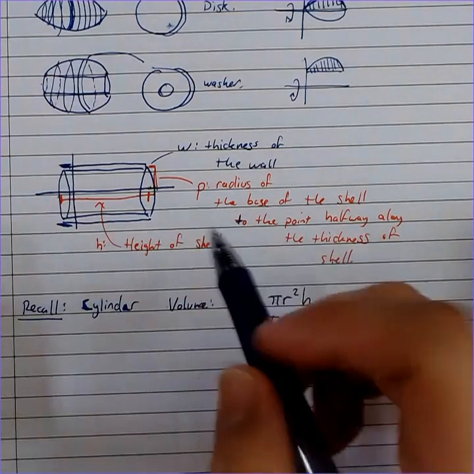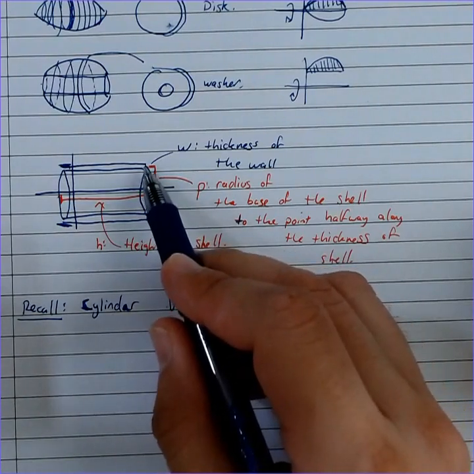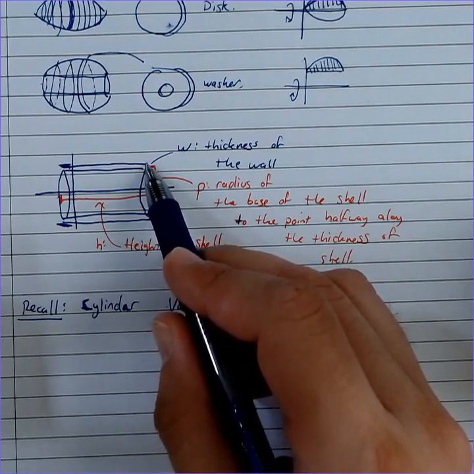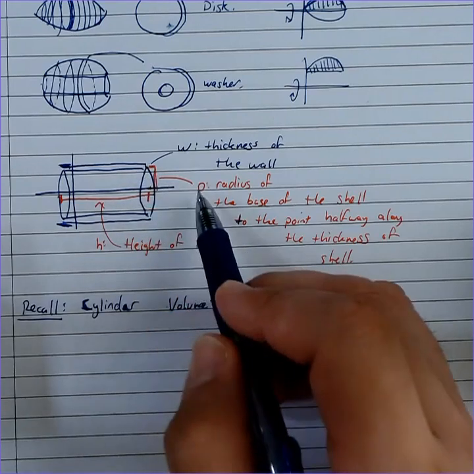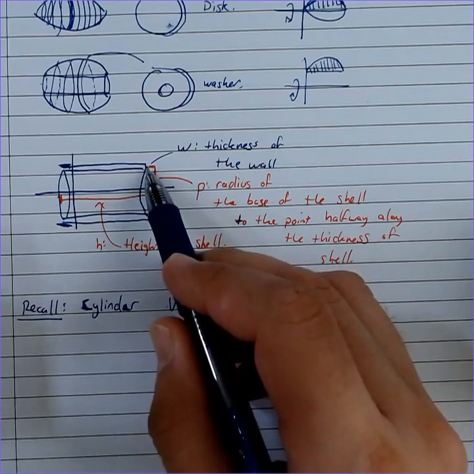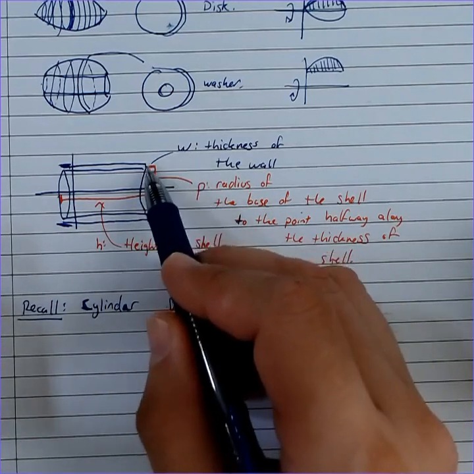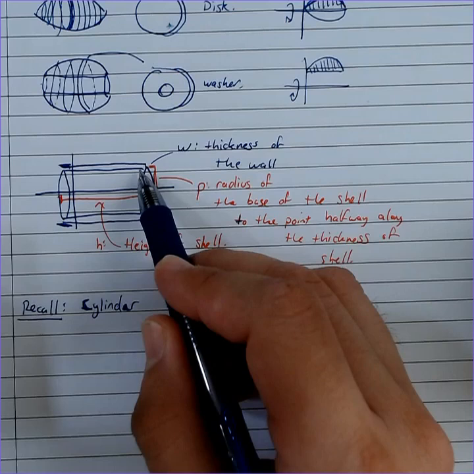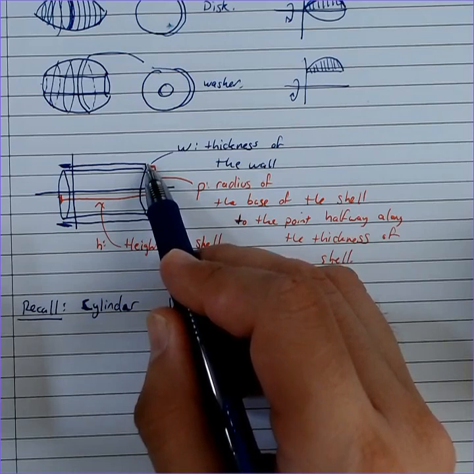Now you might say, okay, well then the radius is just p, right? Well, not quite. Remember, p only gets you halfway to the outside. It's a little bit further to the outermost edge and a little bit less to the innermost edge. Remember, p is halfway along the wall, not all the way to the outside like we want. Okay, well, the thickness of the wall is W. So if I'm already halfway out, I just need to travel the other half of the distance to get to the outside.